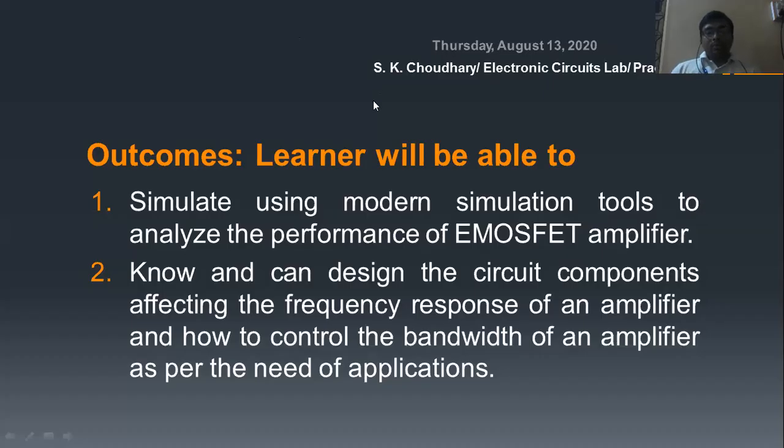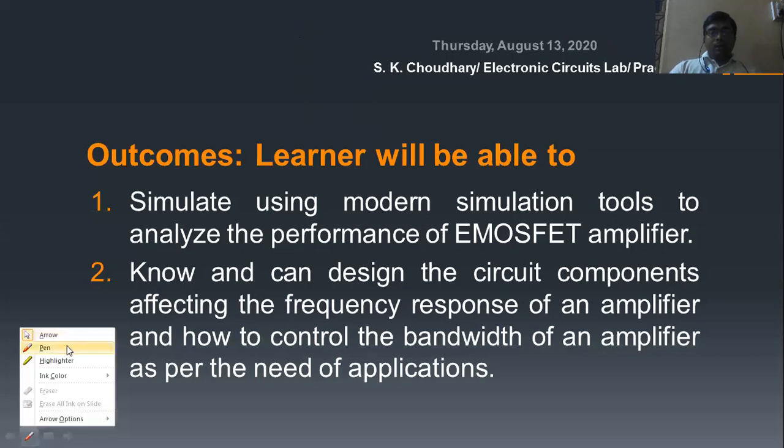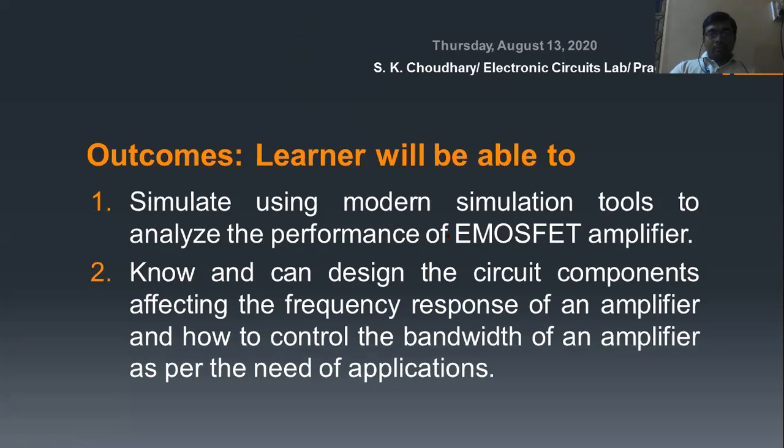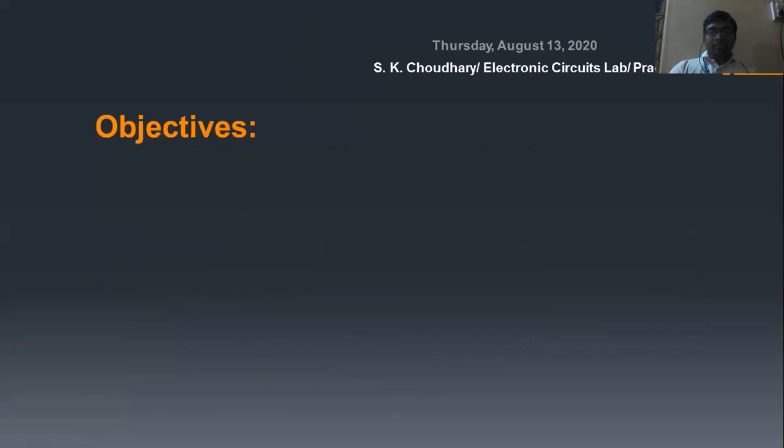We have simulated our circuitry for AC analysis of a common source amplifier using the modern simulation tool, Multisim, and we have also analyzed the performance of the E-MOSFET amplifier, as well as designed the circuit components that affect the frequency response by varying the value of the bypass and shunting capacitor. We have also seen how to control the bandwidth of the amplifier as per the need of our application. So both of the objectives have been completed.